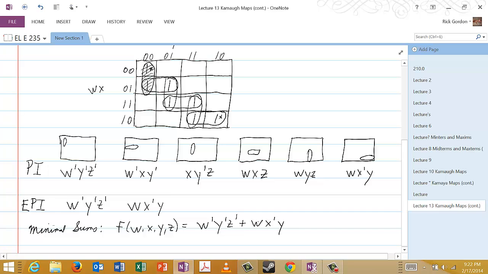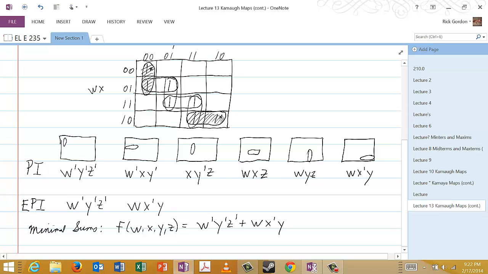And then when we look at the second term here, W X prime Y, as this sketch tells us, that takes care of these two cells in the lower right-hand corner. So we can shade them in. They've already been accounted for.